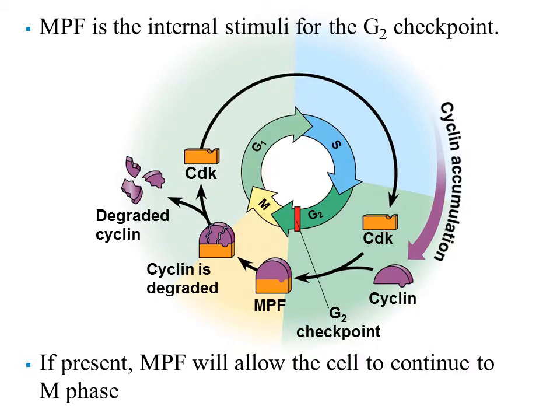So at first, as we go through G1, we might have 10 present. As we get to S phase, we might have 25 to 50. As we get to G2, we might have 75, 85, 100. Once we have created enough cyclins, they will bind to the CDKs and create the MPF complex. This is going to lower the big beautiful wall that is holding the cell back from proceeding to the M phase.